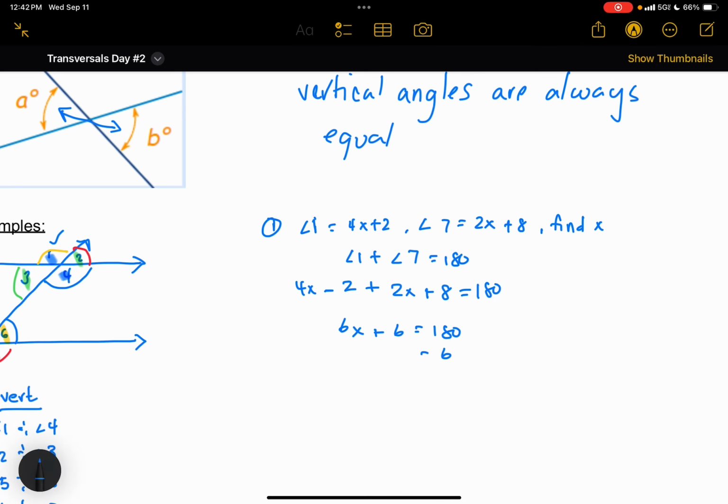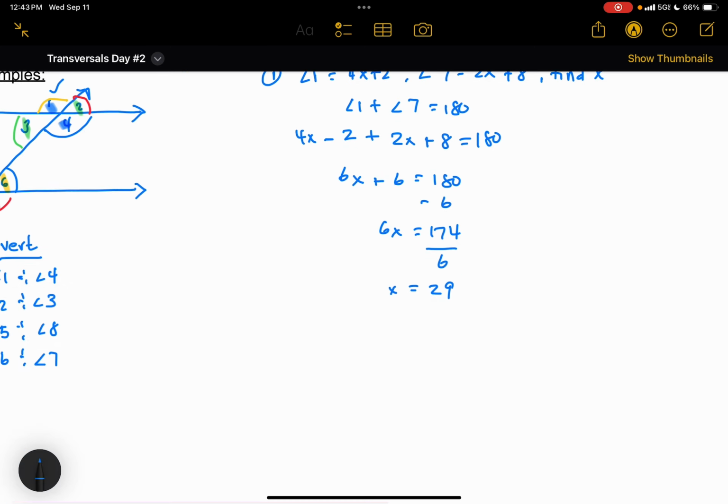Minus 6. There we go. 6x is going to give me 180 minus 6, which is 174. Divide by the 6. x is going to be 29. All right, so that's when two angles are supplementary. Let's look at when two angles are not supplementary.